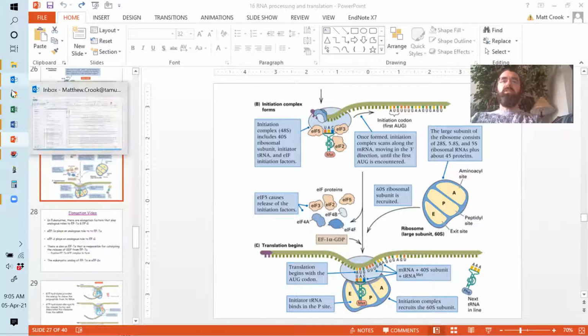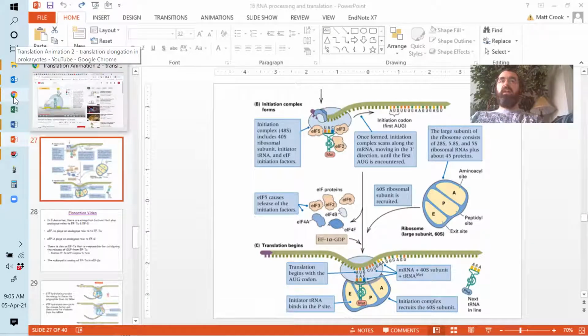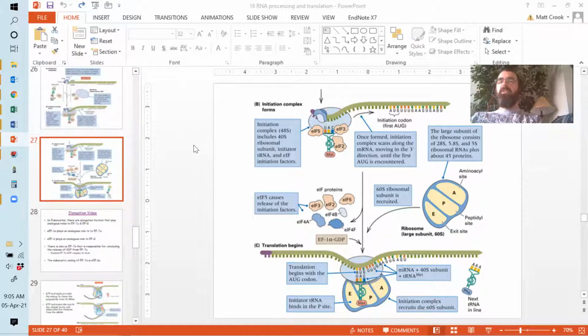And elongation is really a series of repeated stepwise processes. So the first thing that happens is another tRNA comes into the A site. This is helped by a couple of proteins, or a protein. So I'm just going to write this down for you.